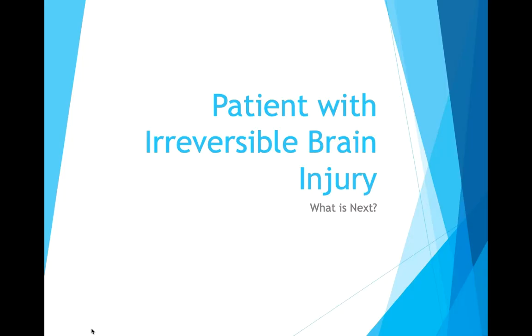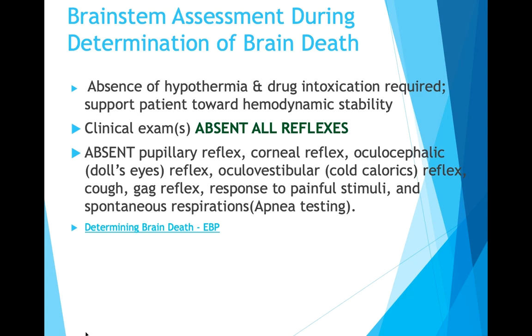Let's talk about the patient with irreversible brain injury and what comes next. Let's talk about the brainstem assessment. So if you have a patient with the irreversible brain injury and you are looking at the determination of brain death, to do any of the brain death assessment studies, your patient needs to be basically in the best physiologic condition that they can be. So they need to be absent of hypothermia.